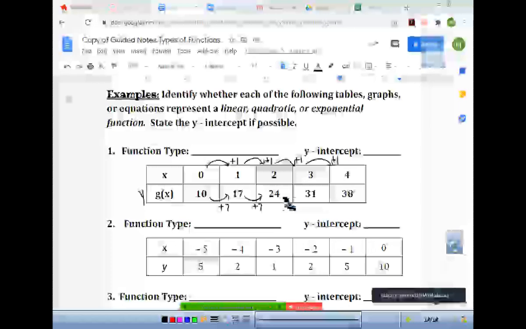Yeah. Do I add 7, do I get 31? Add 7, do I get 38? So I'm adding the same number each time for both x's and y's. That makes it what? Adding the same number each time. Linear.